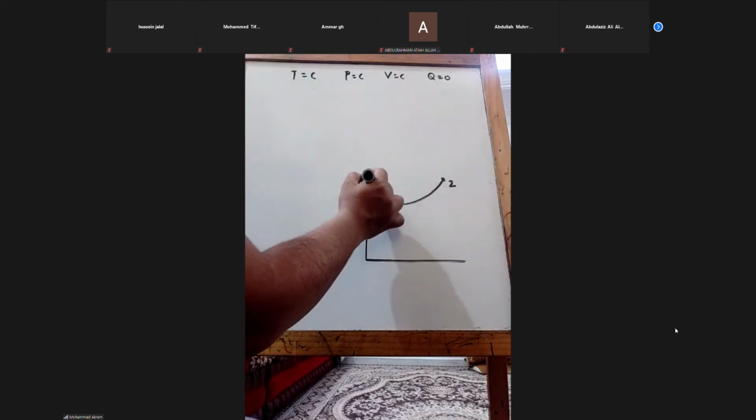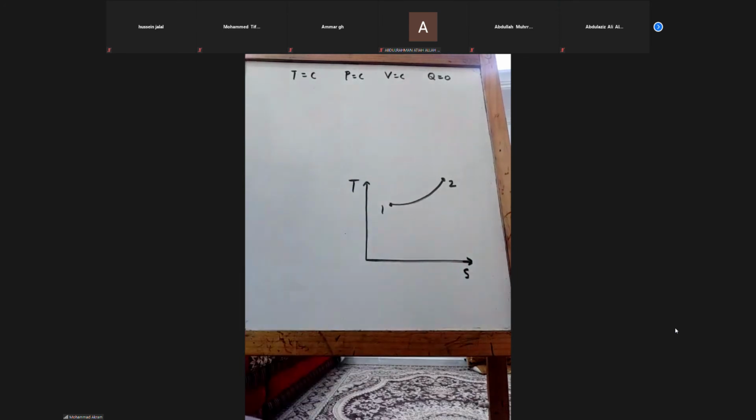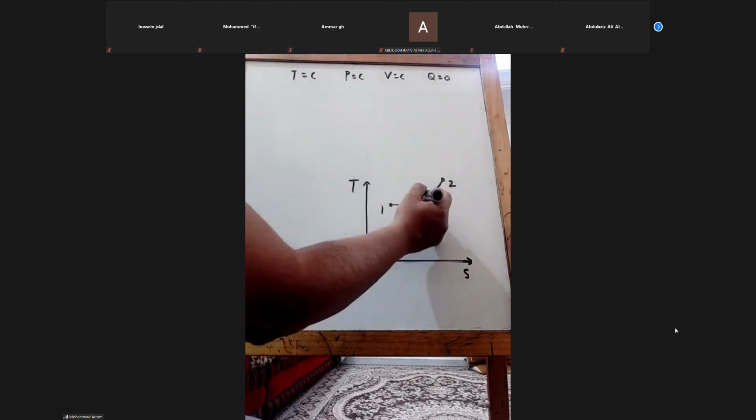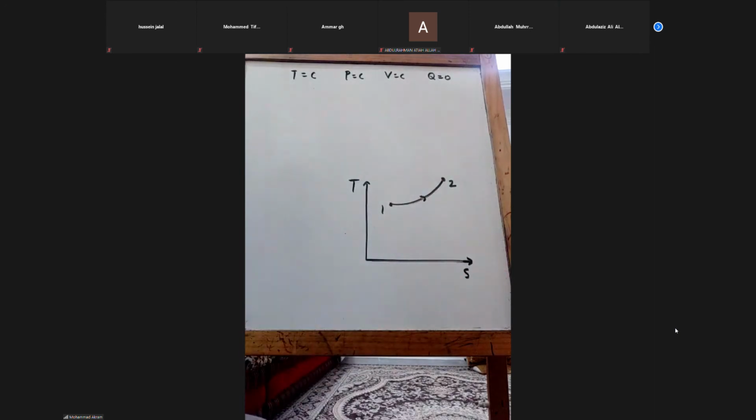Now, if I say this is temperature and this is entropy, what is happening here? 1 to 2, heating is done, right? Because temperature is increasing and entropy is also increasing.